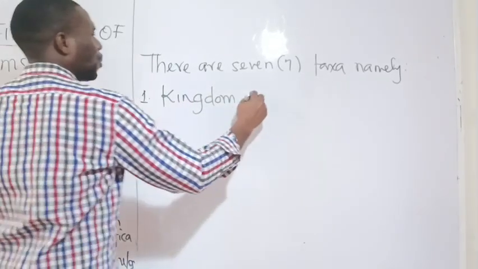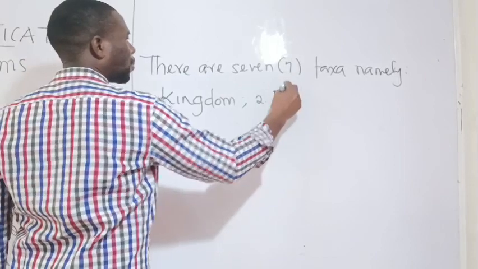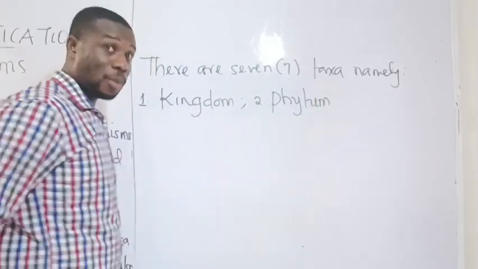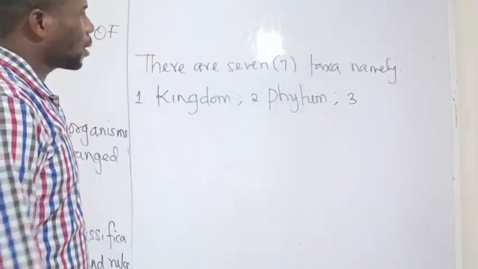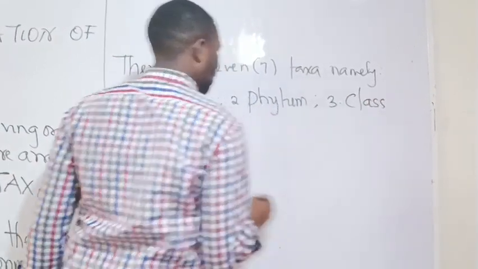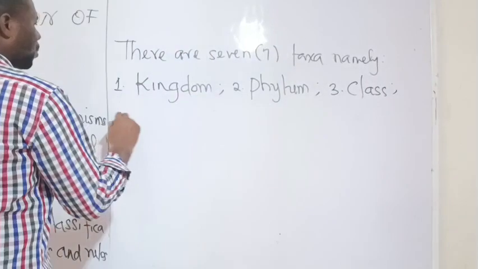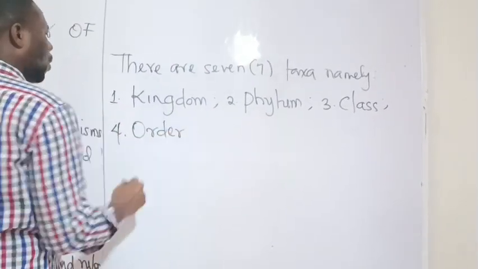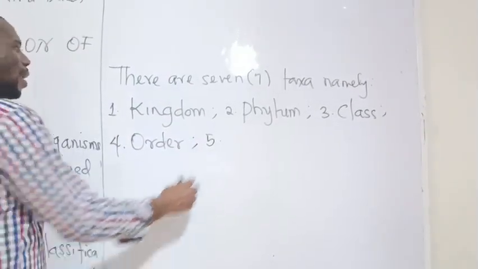Number 2, we have phylum. Phylum is the singular, phyla is the plural. We have the class, which is the third taxa. Number 4, we have order. The 5th taxa, we have family.